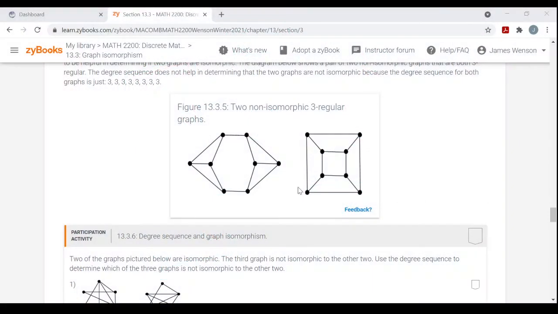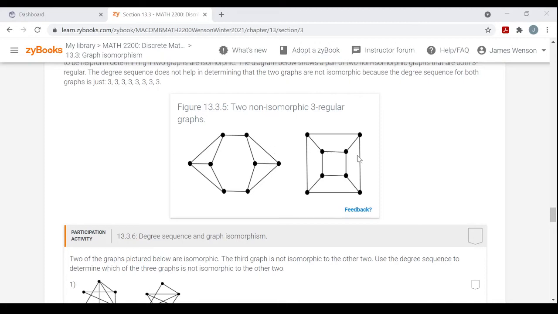So look at these 2 graphs here. Look at the left graph. Look at, say, where my cursor is. Look at these three vertices here. So you see these edges form a triangle, a 3 cycle. So if there were an isomorphic graph to this graph, the vertices that these 3 map to, the edges between them would also form a 3 cycle, would also form a triangle.